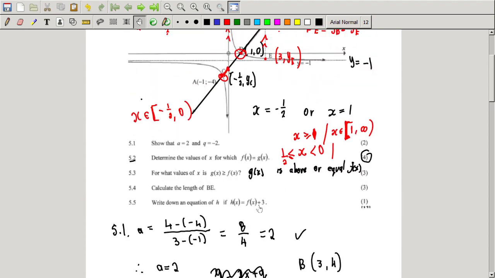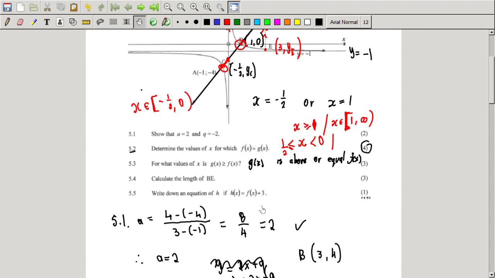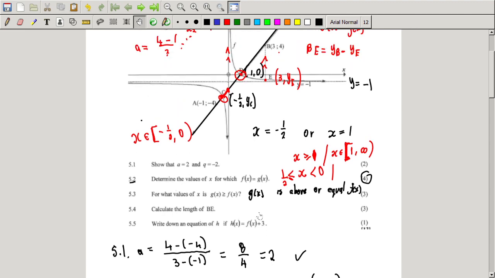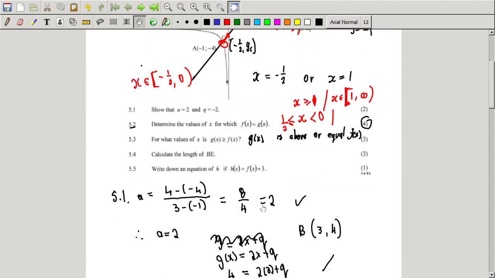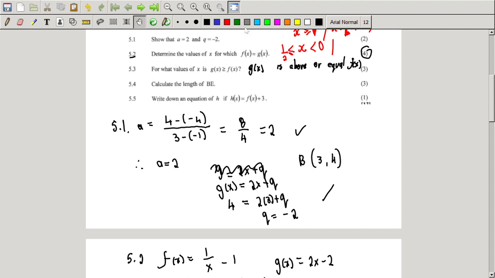Okay, they say write down the equation for h. Okay, wait. h is equal to f of x plus 3. f of x we know is defined as f of x is equal to 1 over x minus 1.